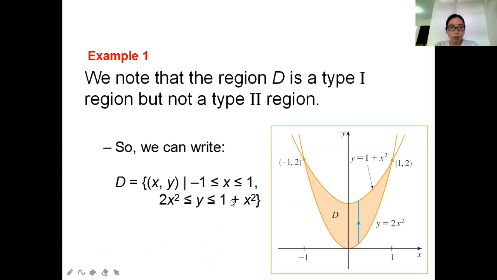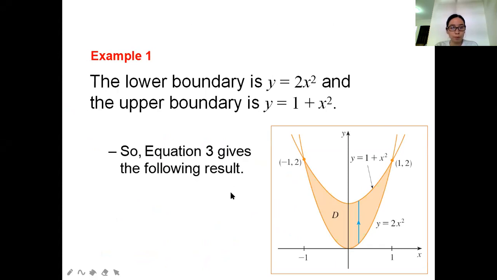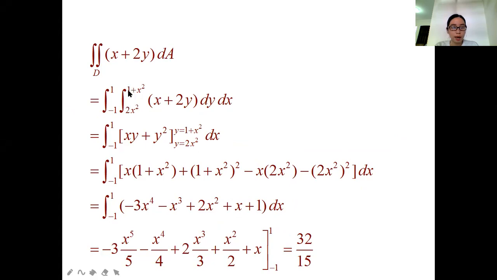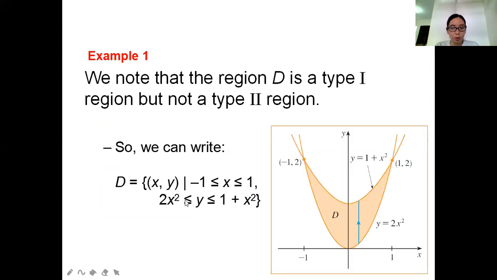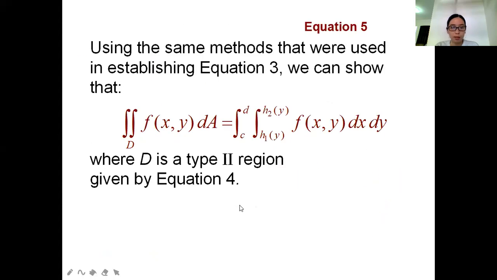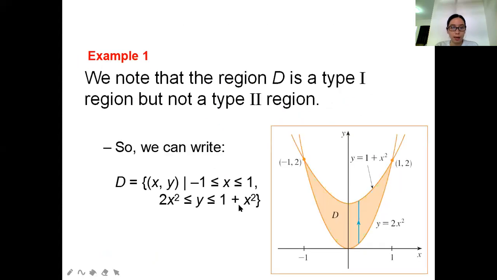Okay? So, we have an upper and a lower, no? 2x squared is the lower boundary, and the upper boundary is 1 plus x squared.